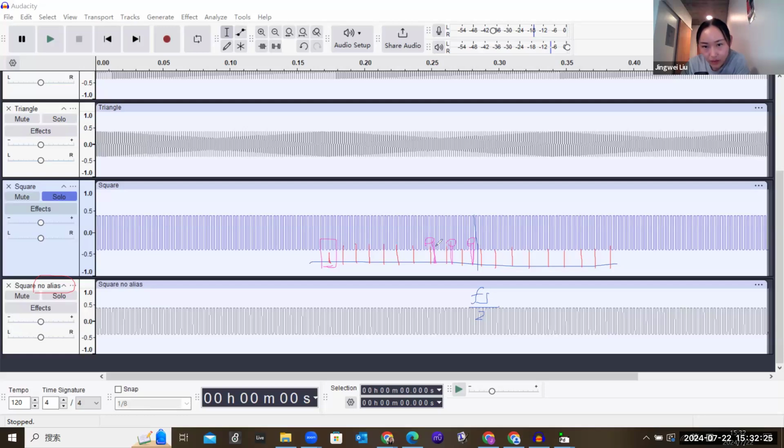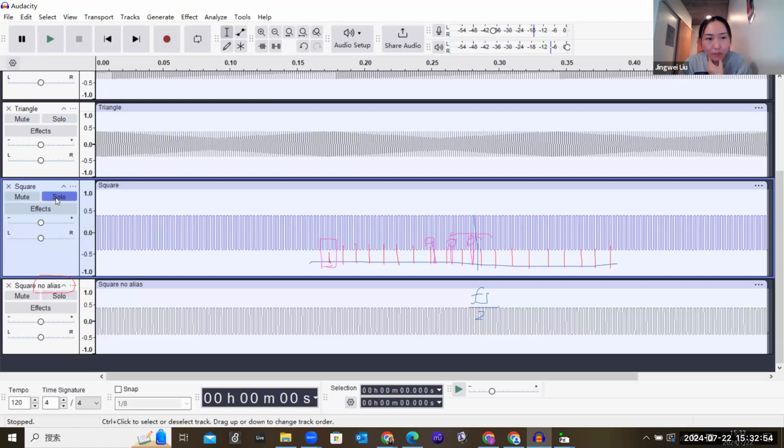These folded over frequencies don't belong to the harmonic series of your fundamental tone, which creates this dissonance. It's not harmonic anymore. This is the reason why when we listen to this perfect square wave, it creates this dissonant kind of perception.